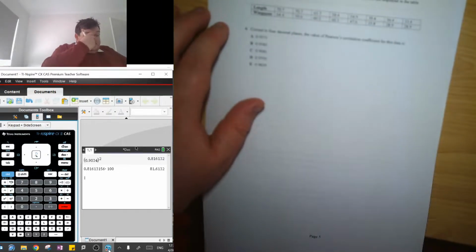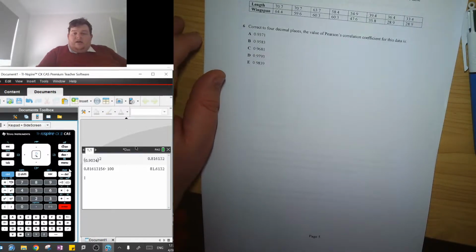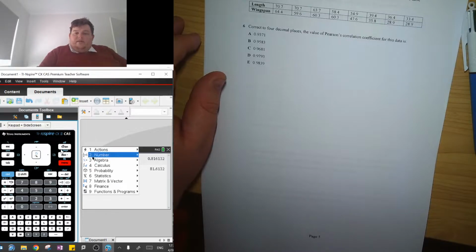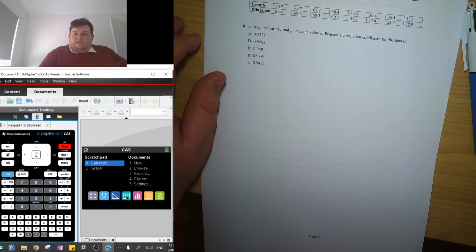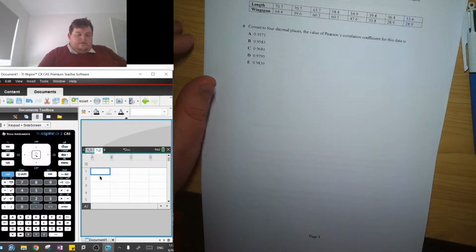All right, the length and wingspan of 8 commercial airplanes are displayed in the table below, correct to 4 decimal places. Pearson's correlation coefficient for this data is. So for that, I need to go into lists and spreadsheets. If it'll load, good. And I need to type in our data.